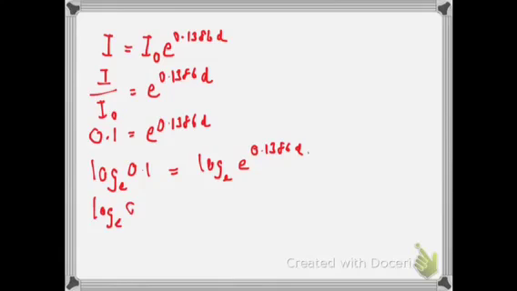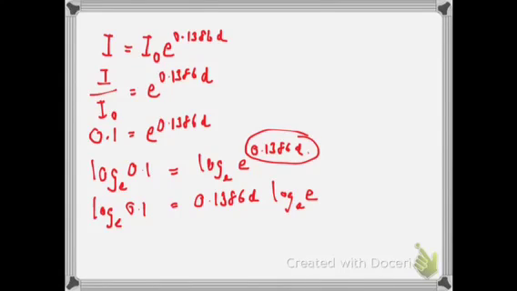And if we tidy up this other side, we bring that out the front, multiply it by log e to the base e, which is 1. Okay, so we would get 0.1386d.